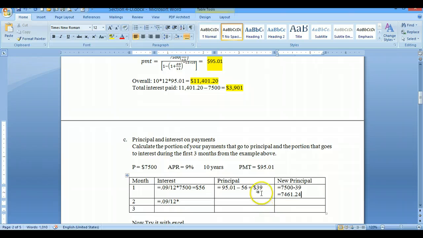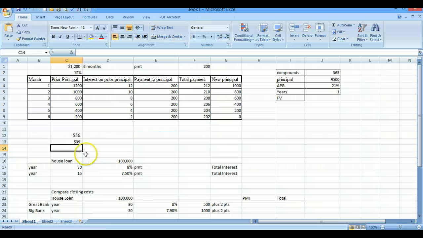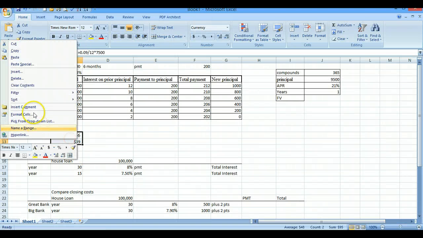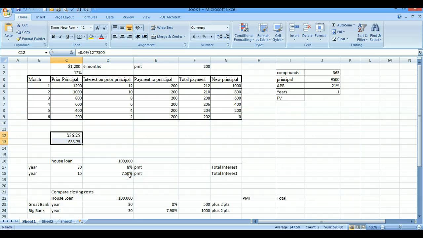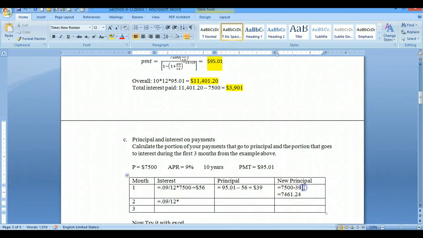Yep. Oh, these were rounding in Excel. Let's come back up here and format these to round out to the nearest penny, so 2 decimal places. That feels better. 38.75.